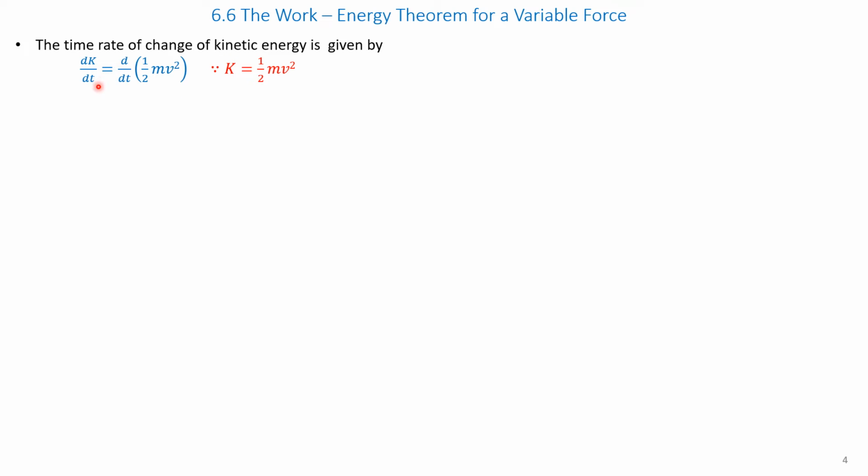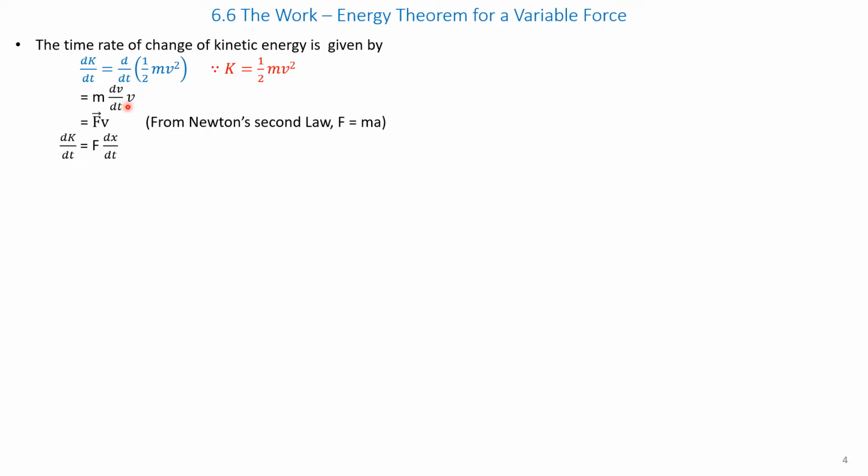Now we will differentiate the right hand side. m is constant, that is mass, so d by dt of v square gives 2v dv by dt, and the 2 and 2 get cancelled.